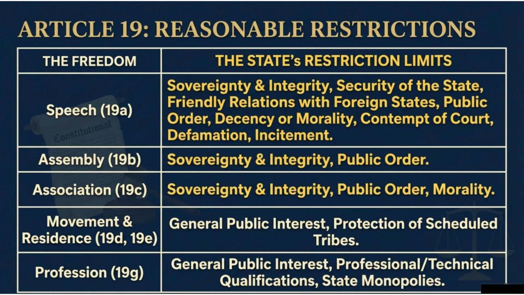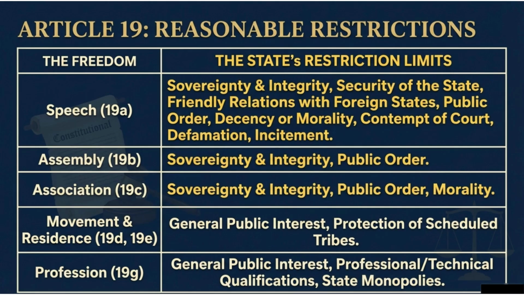For assembly under 19(1)(b), restrictions can be imposed only on grounds of sovereignty and integrity and public order. For forming associations under 19(1)(c), the grounds are sovereignty and integrity, public order, and morality. For movement and residence under 19(1)(d) and 19(1)(e), restrictions can be placed in the interest of the general public or for the protection of scheduled tribes.